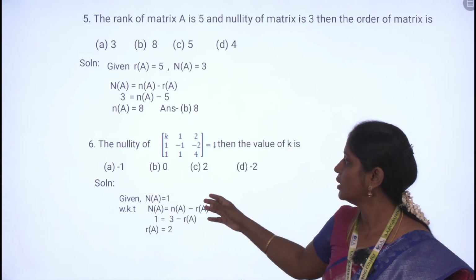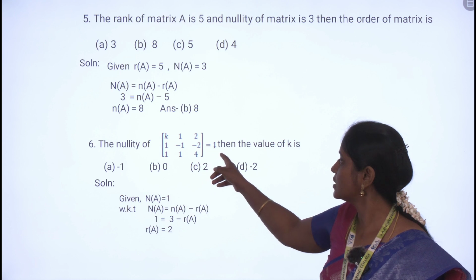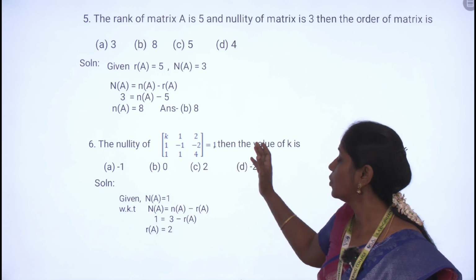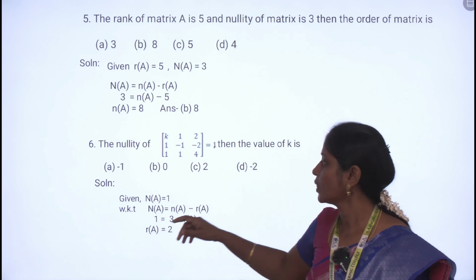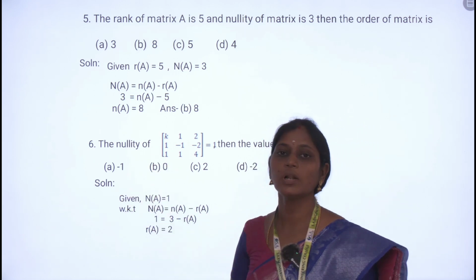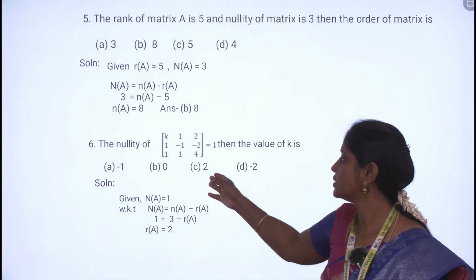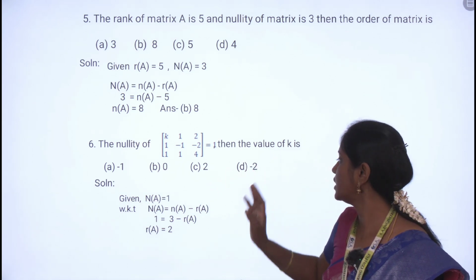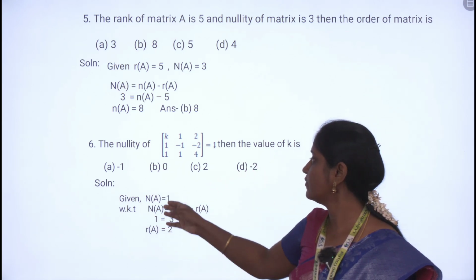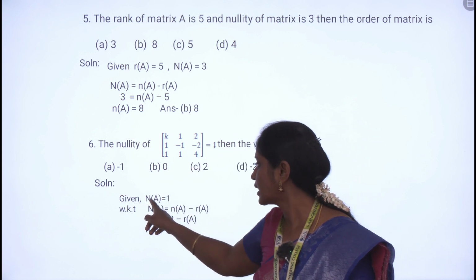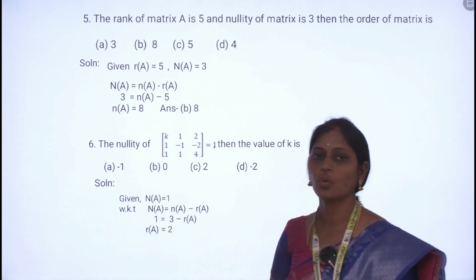And next one, the nullity of this matrix is equal to 1. They have given the nullity of the matrix is equal to 1. They want the value of K. The options are A equal to minus 1, B equal to 0, option C is 2, option D is minus 2. Therefore, N of A equal to 1.